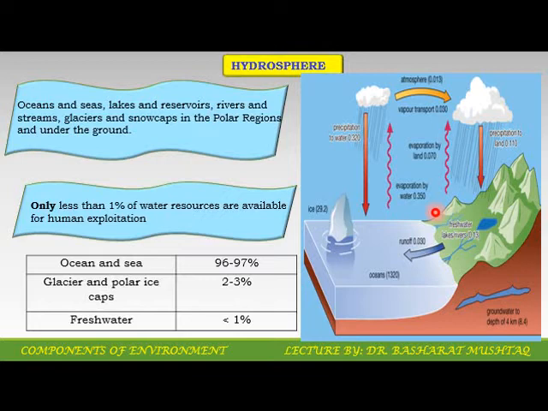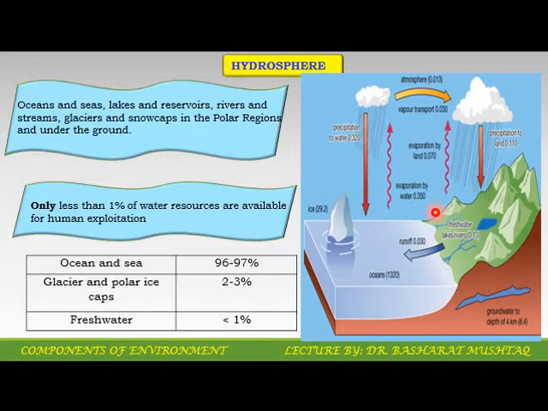The water locked up in the oceans and seas is mostly too salty and cannot be used directly for human consumption, domestic, agricultural or industrial purposes. Only less than 1% of water resources are available for human exploitation.